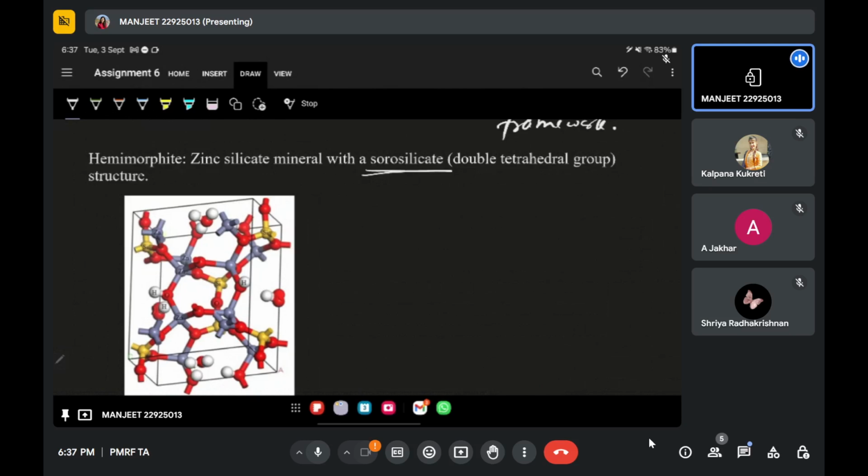We have to arrange the tetrahedra in such a way that will give you the 3D framework. This is the unit cell that is shown here, but it's not the 3D silicate or the tectosilicate one.